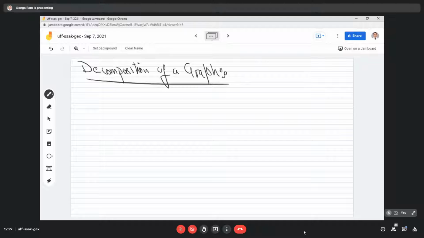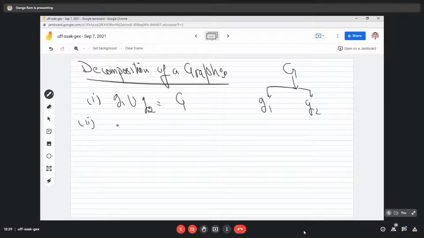So basically, a graph G is said to have been decomposed into two graphs G1 and G2 if the union of G1 and G2 is equal to capital G, and the intersection must be the null graph.